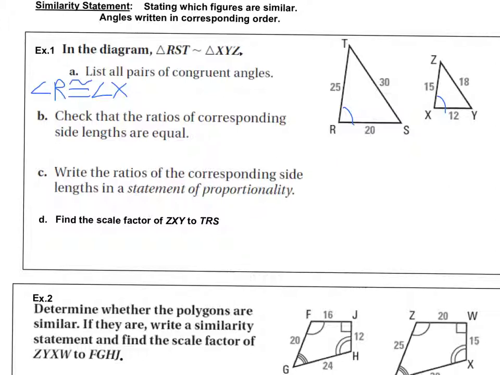What else would be congruent? Well, S and Y are next in line, so angle S is congruent to angle Y. And lastly, both T and Z are last in order, so we know those go together. Angle T is congruent to angle Z.